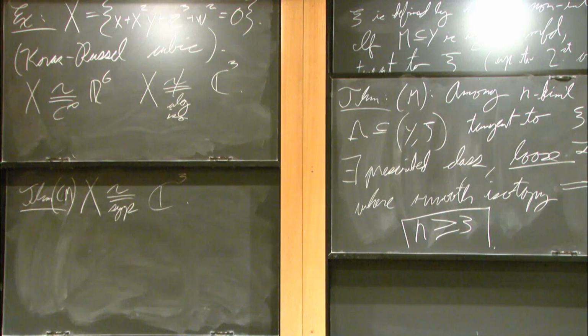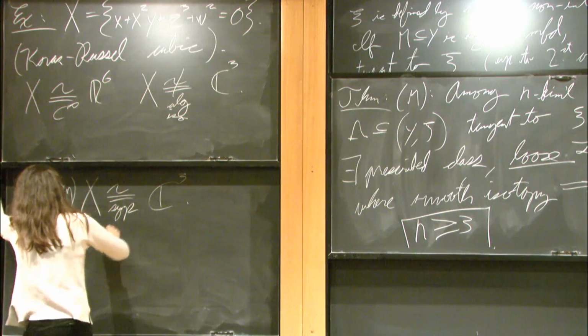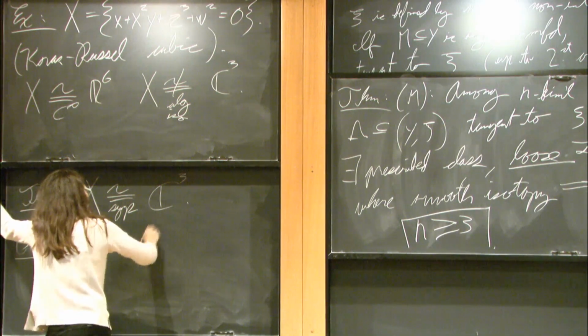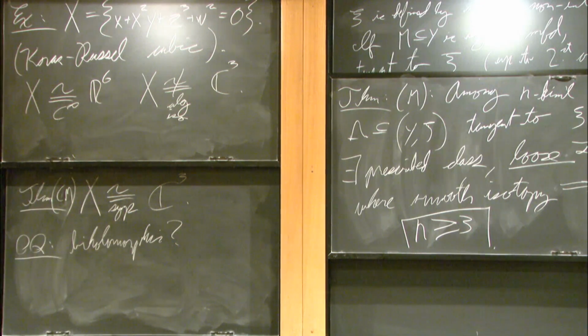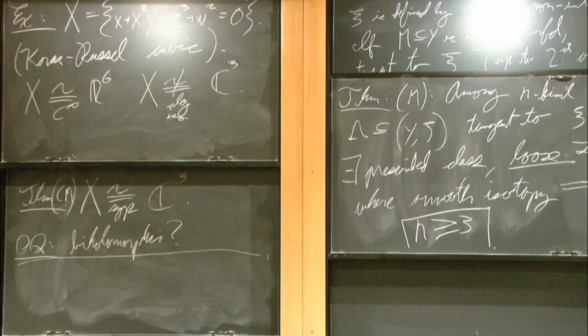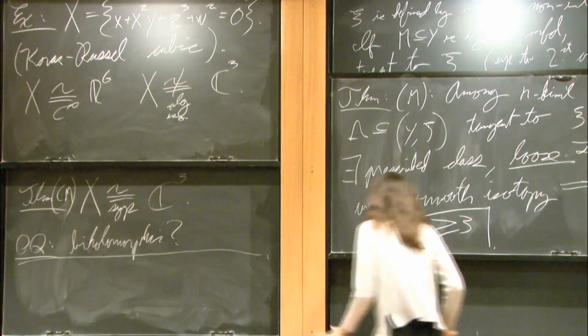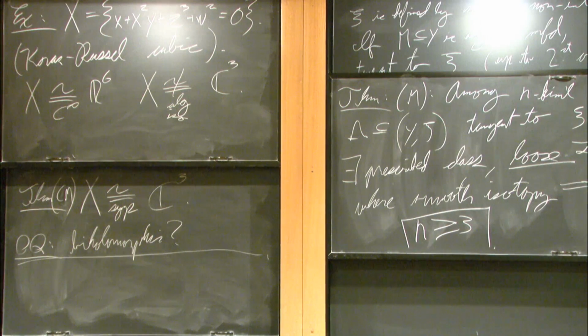I should also remark, as an open question, whether it's actually biholomorphic. I don't know so much about complex analysis, but that's been open for a long time, and certainly we don't give any tools to approach this, but it's a good question.